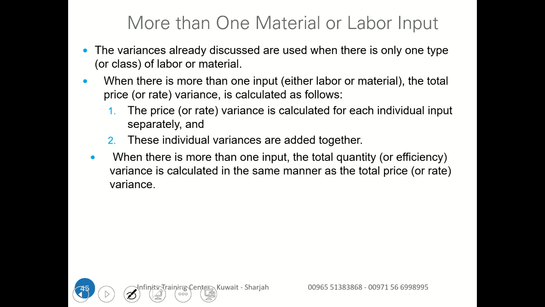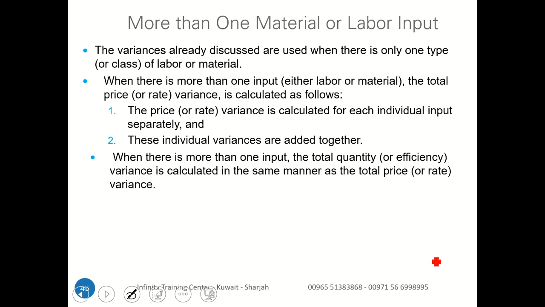But in practice, you will have more than one raw material or more than one type of labor. You can have skilled labor, you can have unskilled labor, different types of labor. So if you have more than one raw material and more than one type of labor cost, how are you going to calculate the variance? That is what we are going to discuss in this presentation.